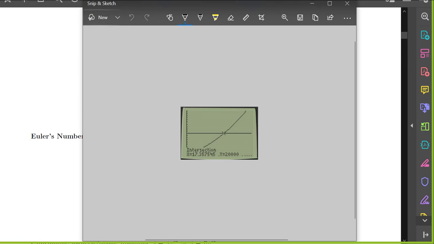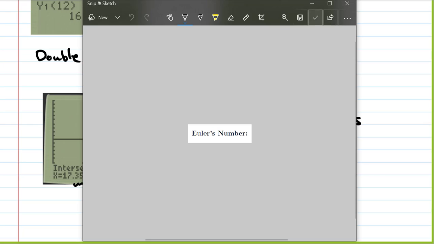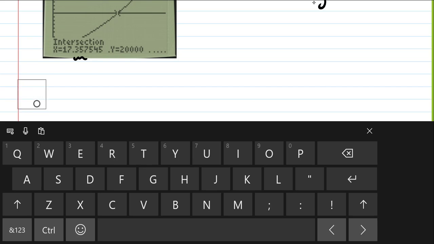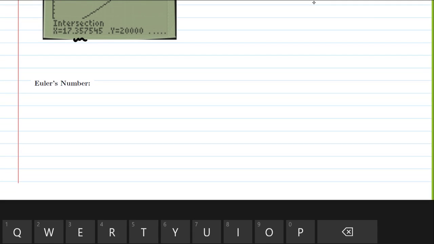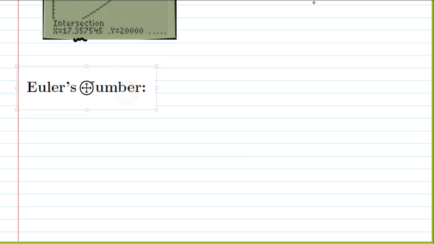Let's talk about our next thing, which is Euler's number. So Euler's number is a special number in mathematics. Euler's number is given the symbol lowercase e.